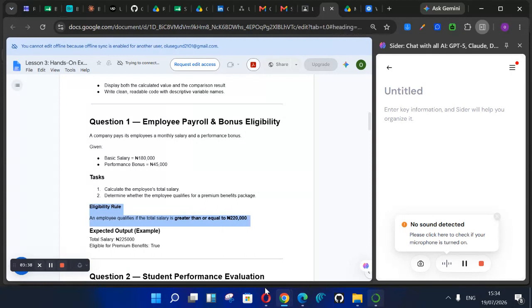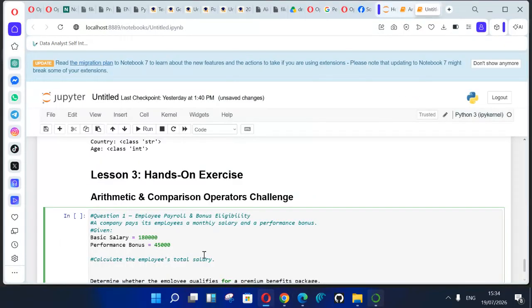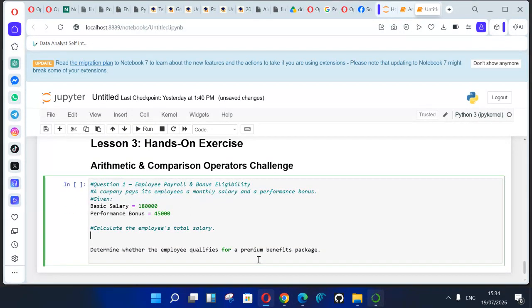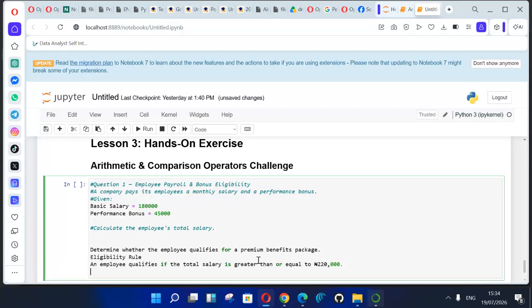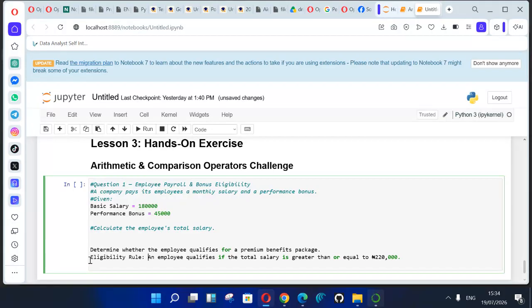So let's just do this once. Calculate the employee's total salary. The employee's total salary is going to be basic salary plus performance bonus.